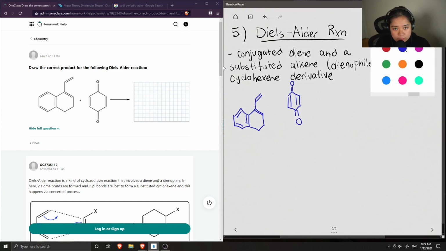Okay, so I'll show how the movement of electrons would occur for this reaction. So one of the bonds from here will come in and attack the double bond, moving them here to form a double bond on this carbon instead. And then this comes in and attacks right there.